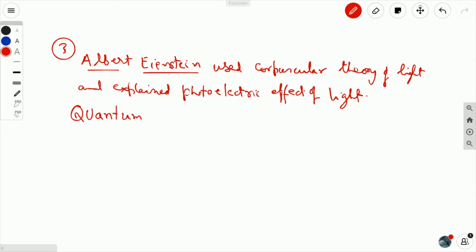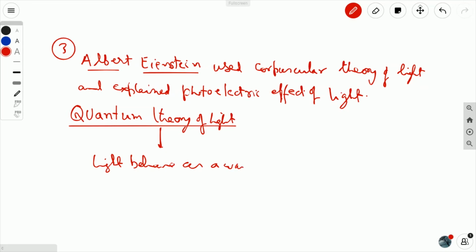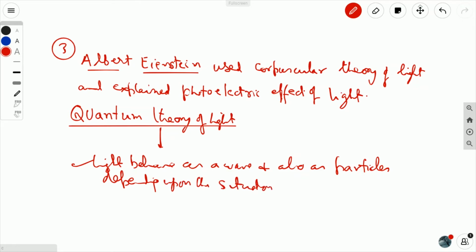According to the quantum theory, light behaves like particles as well as a wave, depending upon the situation it encounters.